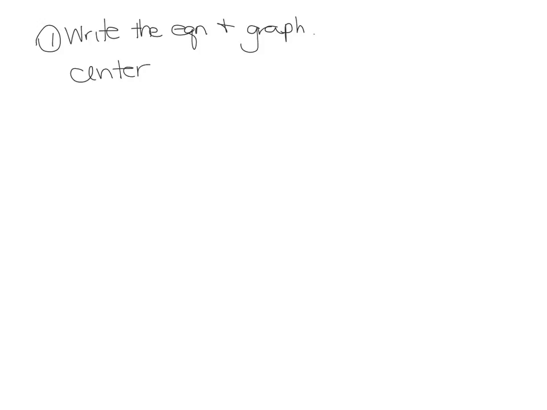Okay, so first problem. Write the equation and graph. The info they're going to give us is that our center is at (-3, 4) and our radius is equal to 5.